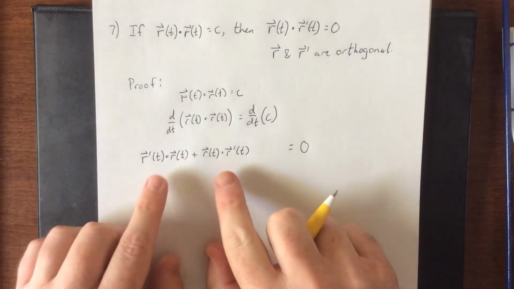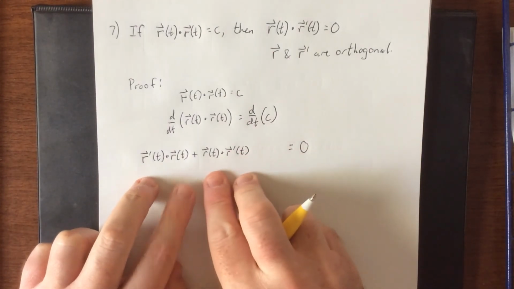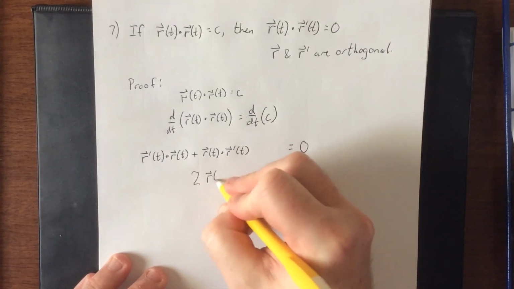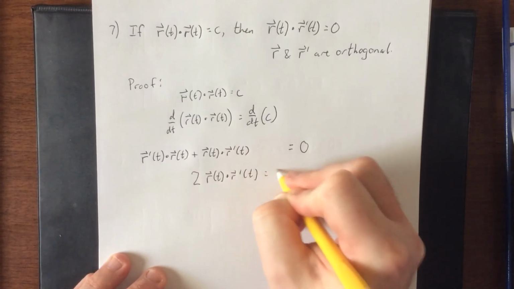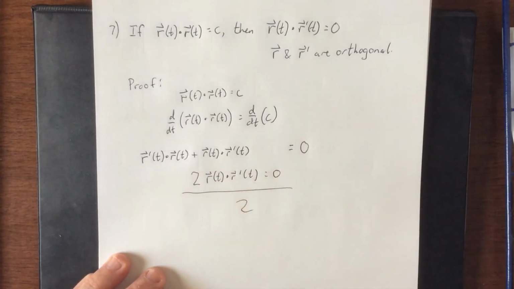Now the good news here is that the dot product is commutative, which means that these two quantities are the same and therefore can be added together. So 2 times R of t dotted with R prime of t is going to wind up being 0. Dividing both sides by 2 gives the desired result.